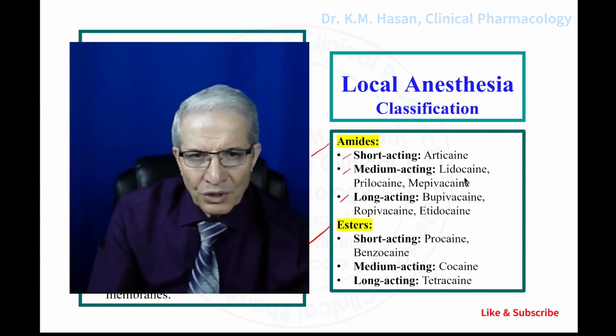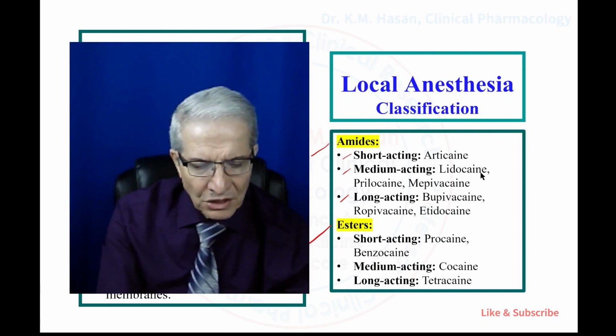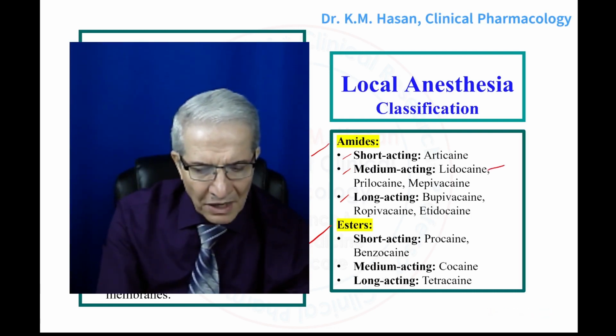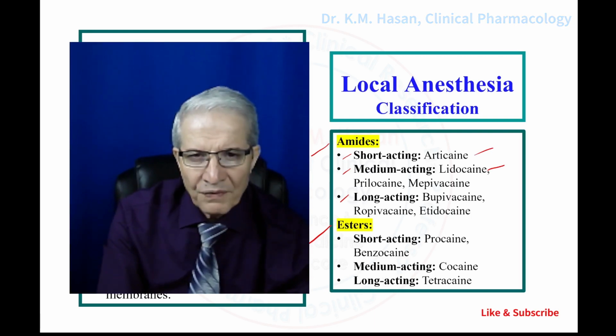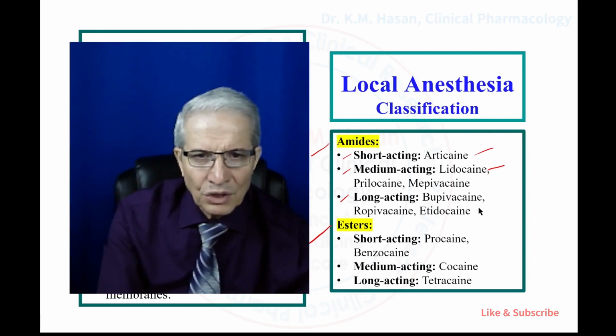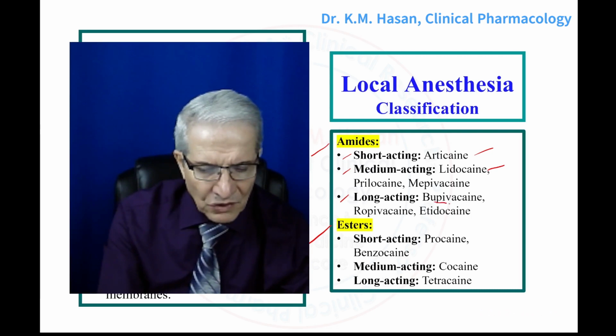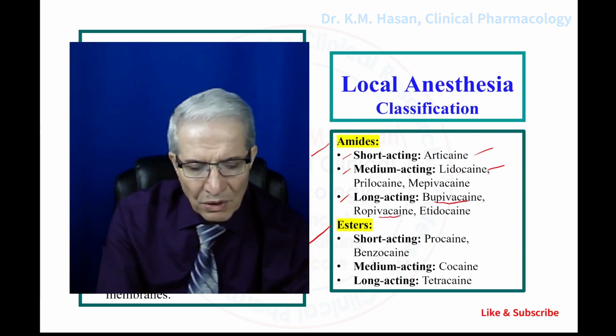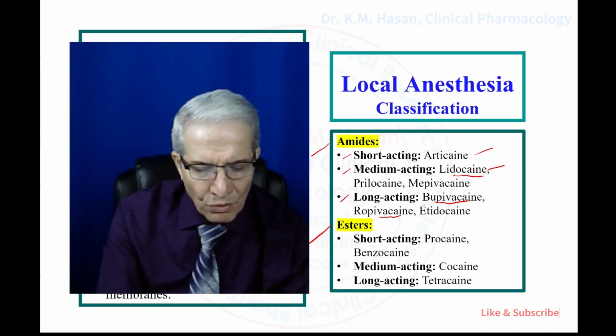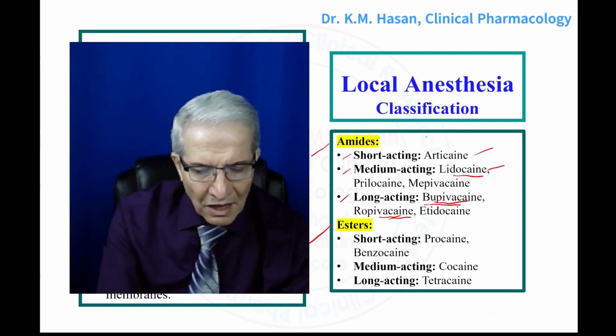Medium acting is lidocaine, the most popular medication in clinical use, followed by articaine. Then we have long acting bupivacaine, ropivacaine, and epidurals. So the most popular ones in practice are bupivacaine and ropivacaine, long acting. Here we need to remember which one is medium, lidocaine, and which are long, bupivacaine and ropivacaine, and these belong to the amide.